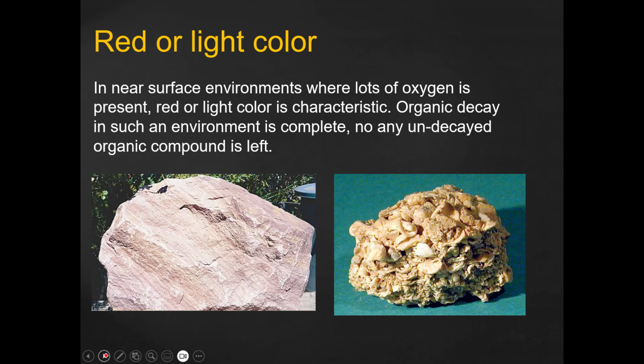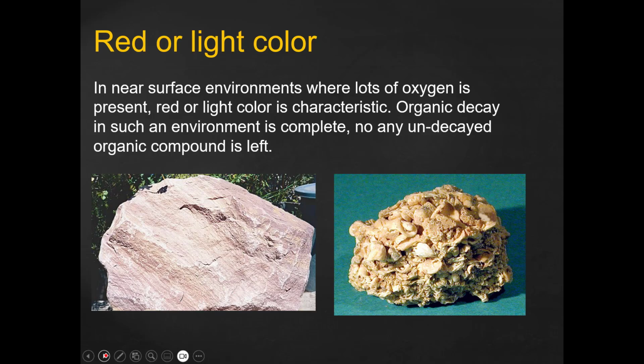Now, if your sedimentary rock is red or light color, that means it was formed in a near-surface environment and there is a lot of oxygen exposure, which completely decays all the organic material. In this environment, all the organic material is decayed completely.